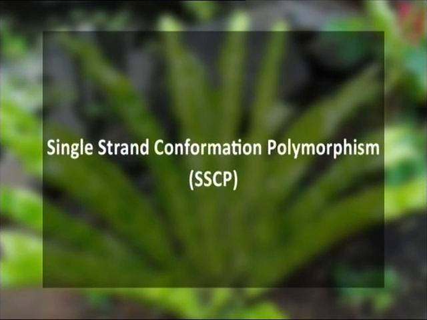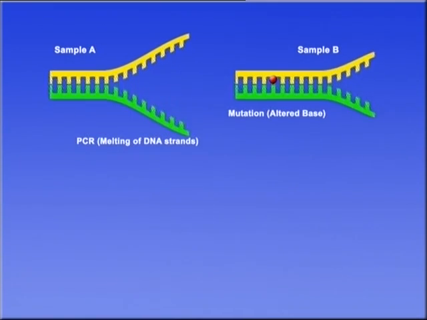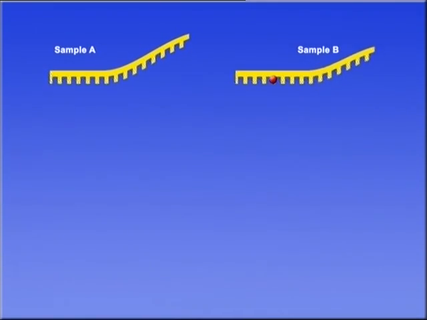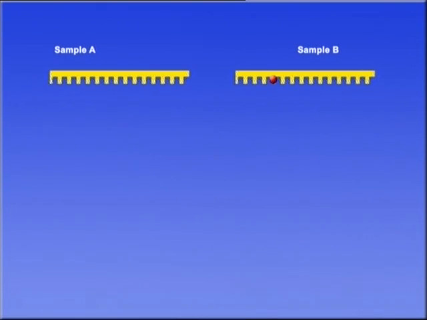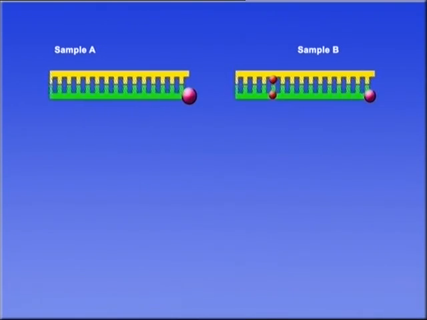Now, the next technique is single strand conformation polymorphism, SSCP. In this technique, the target sequence in DNA is amplified and simultaneously labeled using radioactively labeled PCR primers or dNTPs.